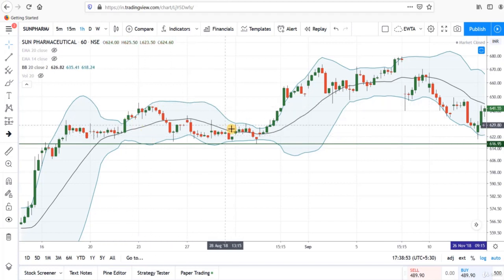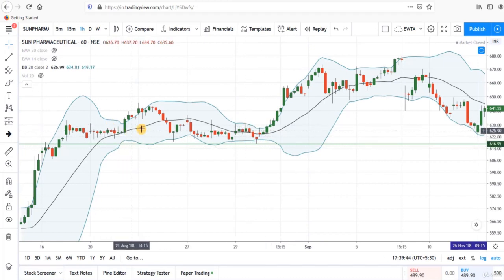And when bands are close together, volatility is lower. In a range-bound market, the bands become very narrow. You can see here the bands are very narrow and the volatility of prices is very low. Prices are sideways and range-bound. But when there is an expansion in Bollinger Band after this narrow range, you can see prices are going in an uptrend and there is a sharp up move in the prices.